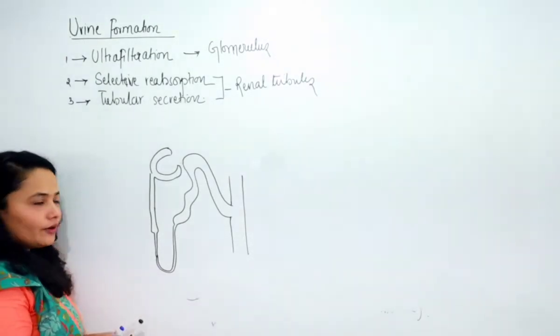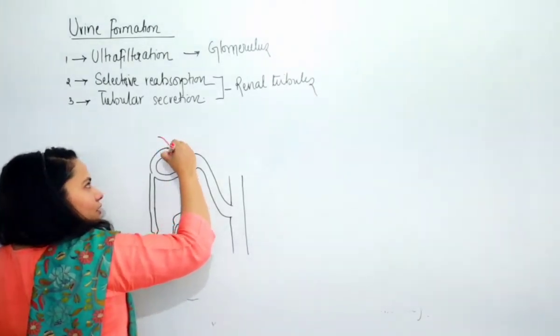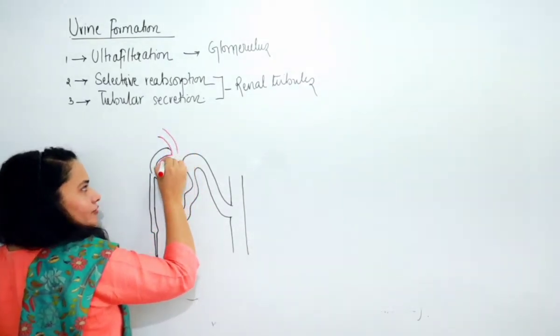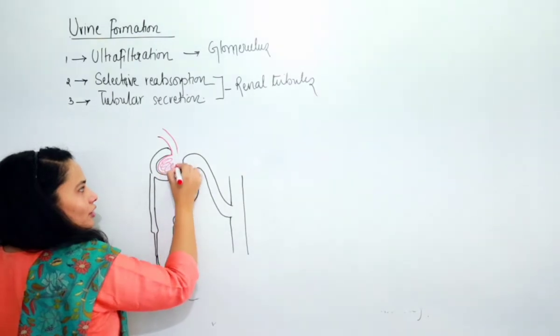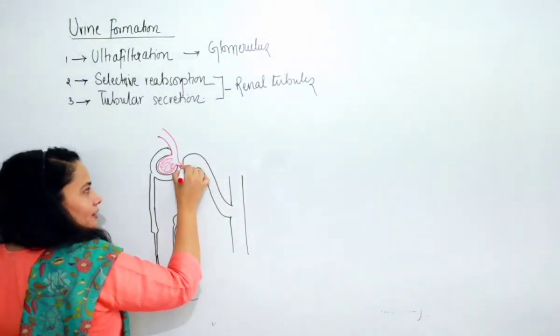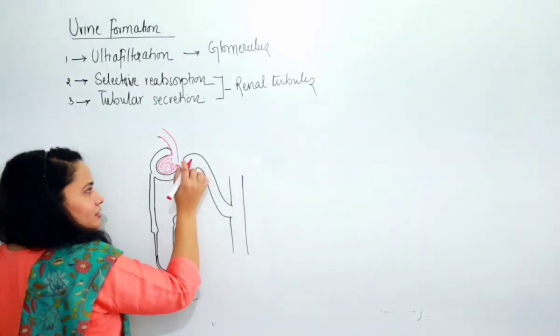Now what happens here is this is the afferent renal arteriole forming a tuft of capillaries inside this structure, and it is known as the glomerulus. The capillary that comes out is known as the efferent renal arteriole.